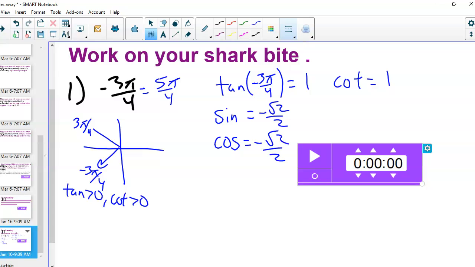Now what would cosecant be? It would just be negative root 2.